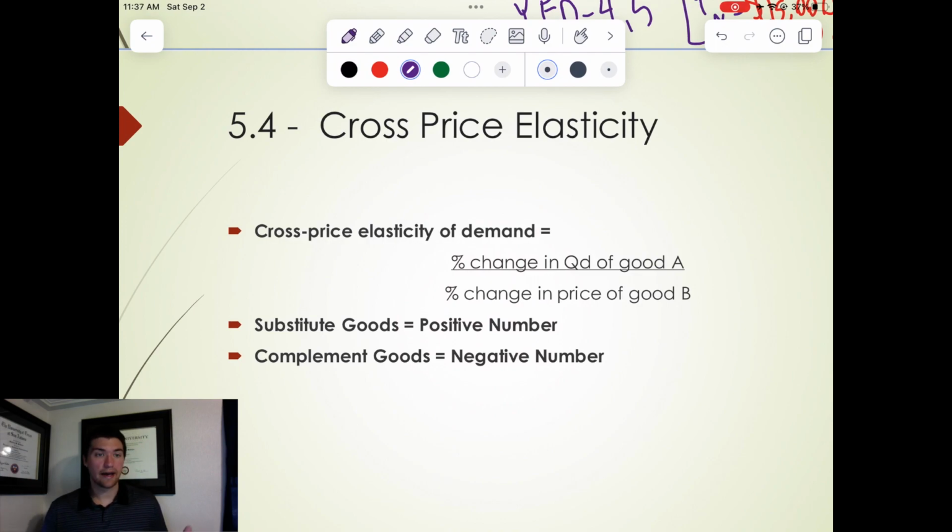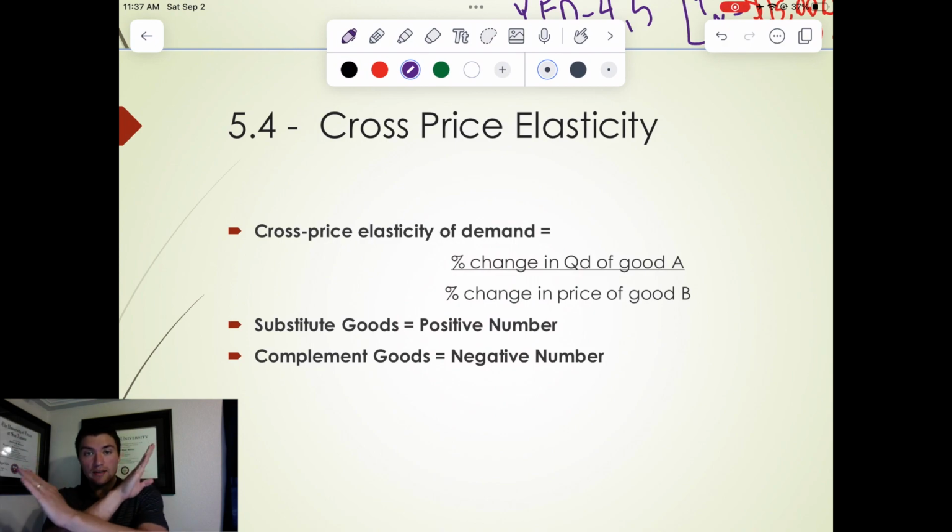Basically, how sensitive are we to these things? Just because the price of Coke goes up, how sensitive am I to my change in Pepsi? Cross-price elasticity is going to show us if something is a substitute or a complement and how closely they are related.